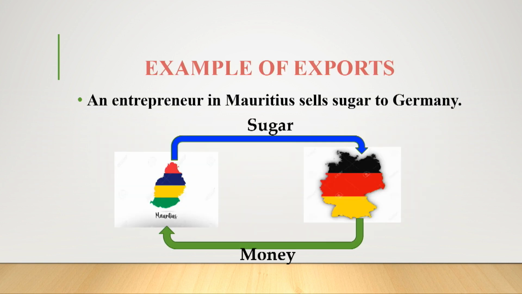Let's consider an example of export. When an entrepreneur in Mauritius sells sugar to Germany, here it can be seen that sugar is leaving Mauritius and going in Germany. In return, money is flowing out of Germany to Mauritius. Mauritius is getting money.